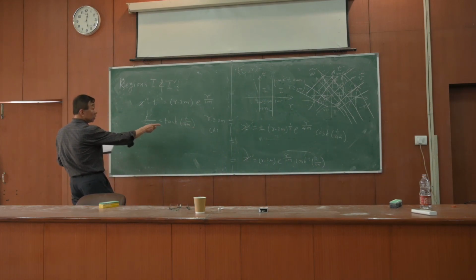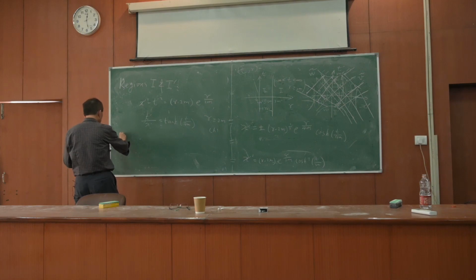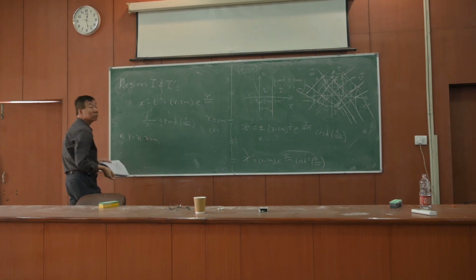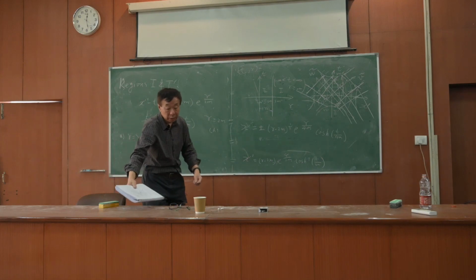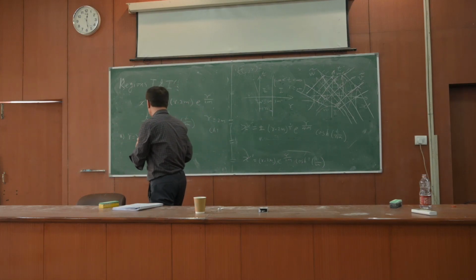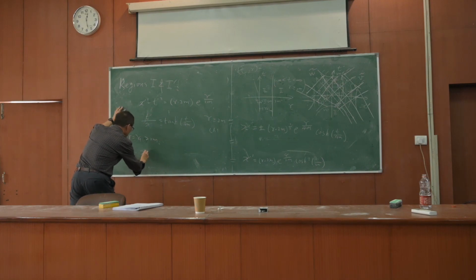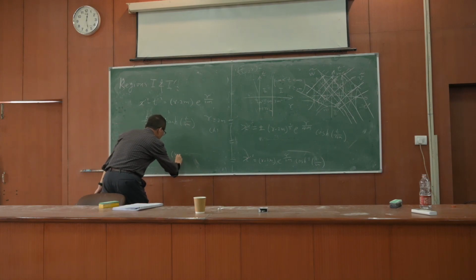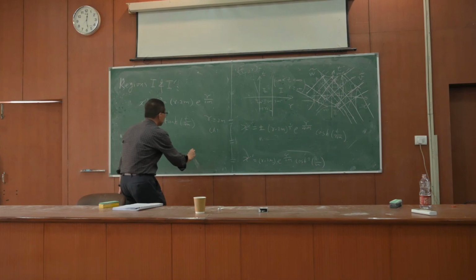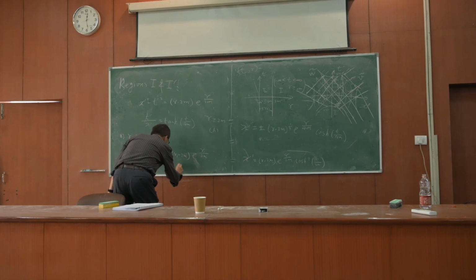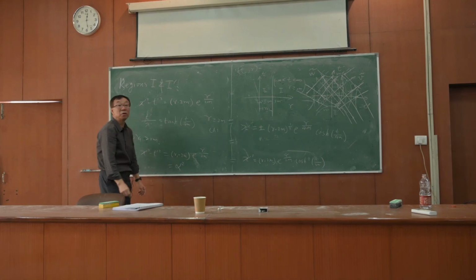Because this is a logarithm there, let's consider one line, r equal r1, greater than 2m. Then you can see I can use this one. This will give me x prime squared minus t prime squared equal to a constant, which is nothing more than alpha squared, a positive constant.